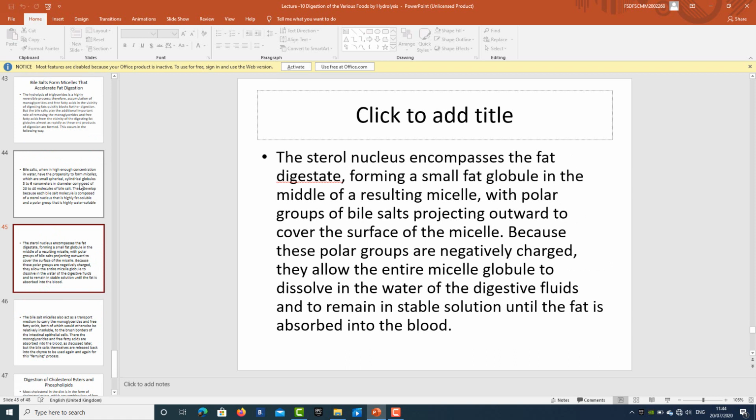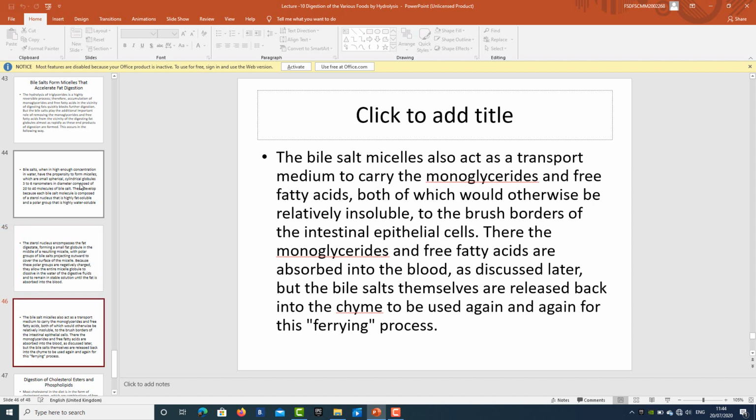The sterol nucleus helps in fat digestion, forming a small fat globule in the middle of the resulting micelle with the polar groups of the bile salts projecting outward. Because these polar groups are negatively charged, they allow the entire micelle globule to dissolve in the water of the digestive fluid and to remain in stable form until the fat is absorbed into the blood.